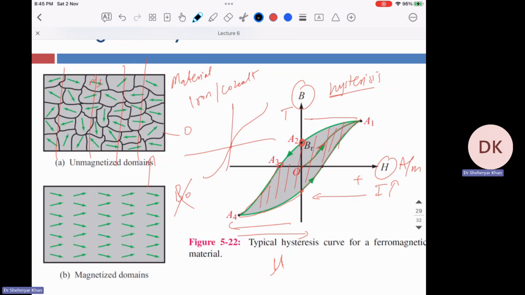But if you apply current in the negative direction, it reduces to zero, and with more current, it produces magnetic field in the other direction. And then when you increase the current into the positive direction, it goes back, and now it follows this way. That's called the hysteresis loop.